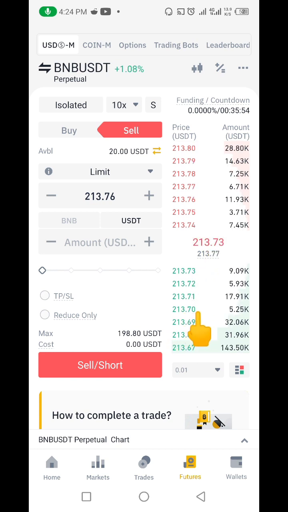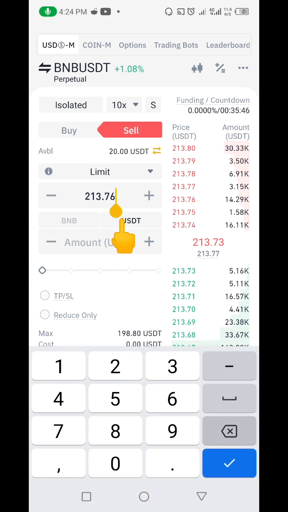So you decide to buy it at 21370. At this point, you are not buying at this market price of 21373. You're going to be waiting for the market until it comes down to 21370.